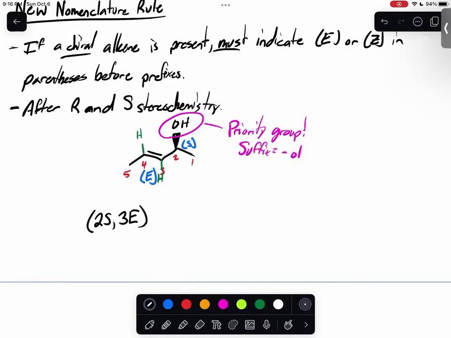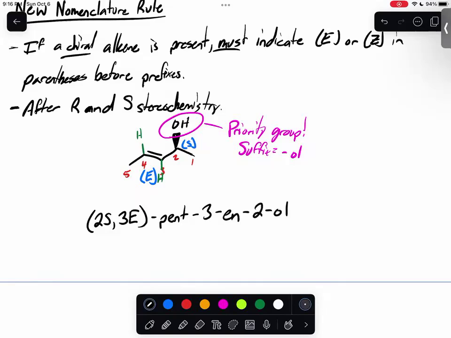Then we have prefixes. In this case, there are no side chains or additional functionality, so we don't have any of that. We have our longest carbon chain, which is 5, so that's pent. The alkene starts on 3, right? Because our infix is en. And last but not least, the alcohol is on carbon 2, so it's 2-ol.